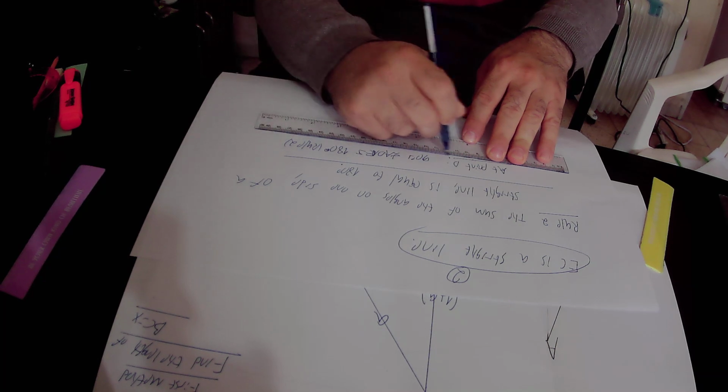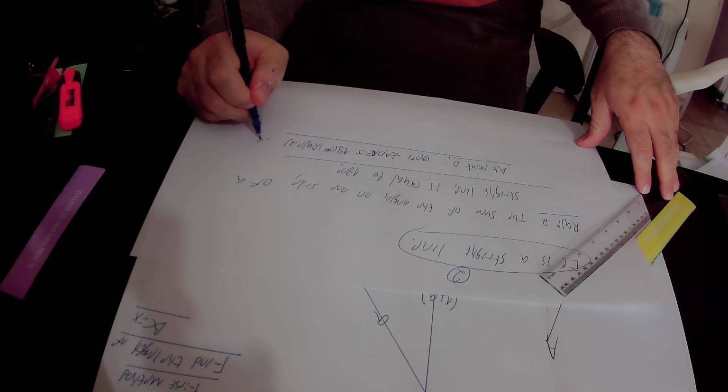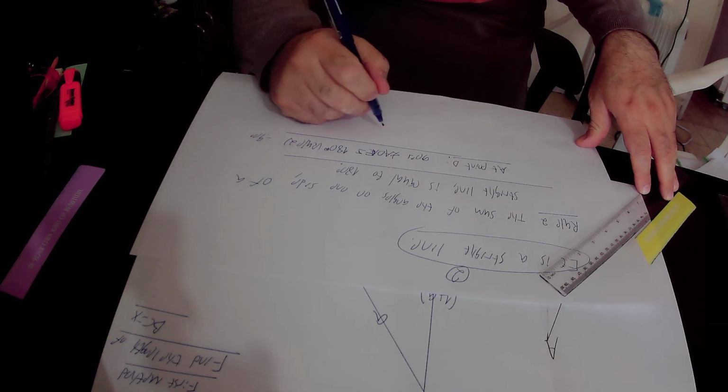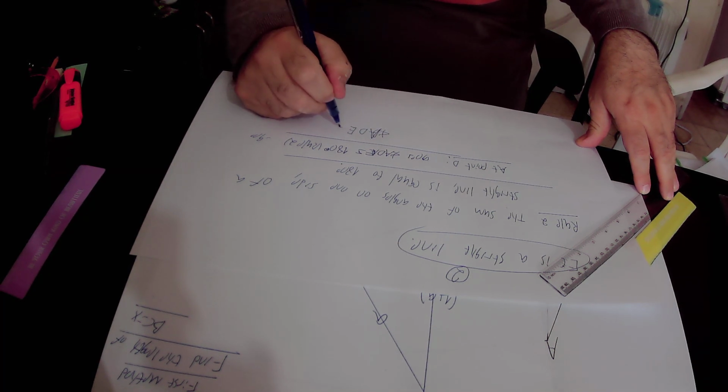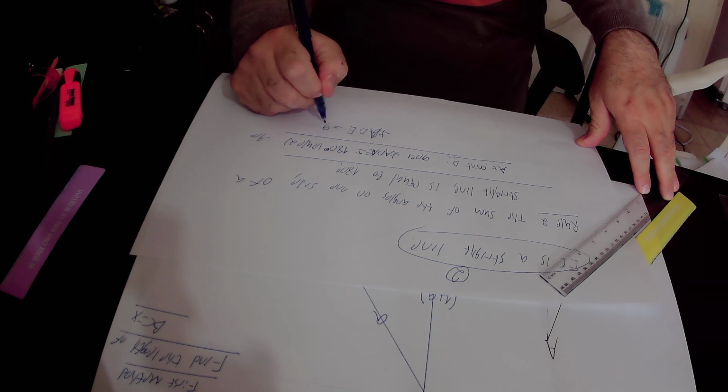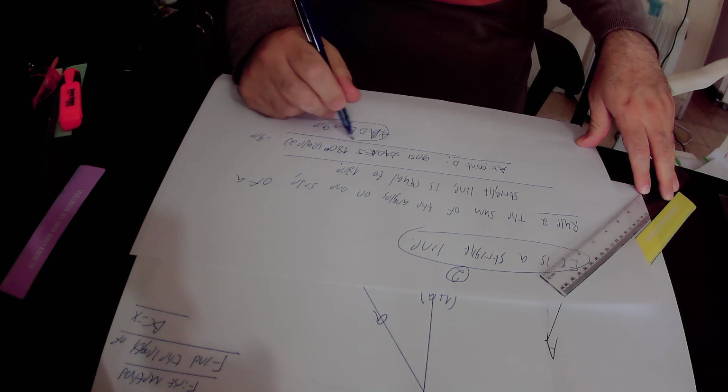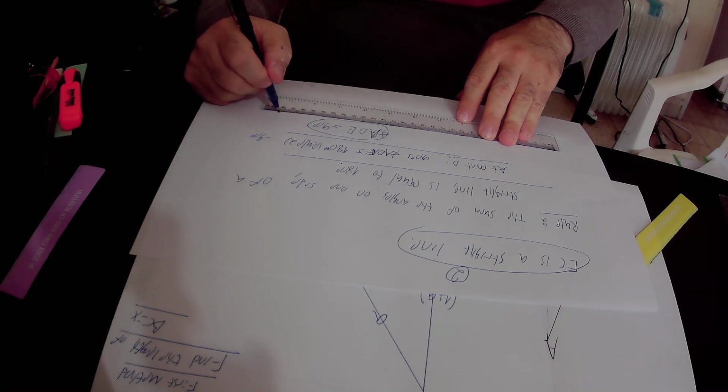So I will subtract 90 degrees from this equation, and we get that angle ADE, the missing angle, is equal to 180 degrees minus 90 degrees, it is 90 degrees. So the missing angle equals 90 degrees.